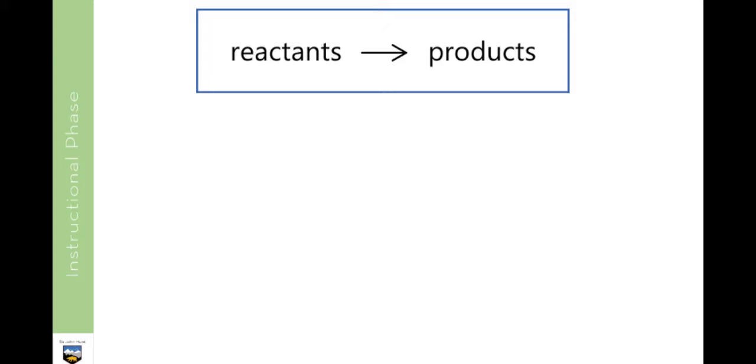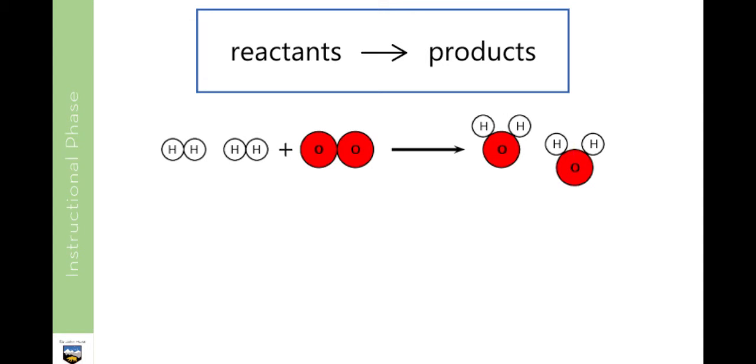On the right-hand side of the arrow, we have the products, the substances that are produced. Again, hence the name products. Now, in a chemical reaction, guys, no atoms are created or destroyed. They're just rearranged into, again, a new product, a new substance. And that's how we know a chemical reaction has happened.